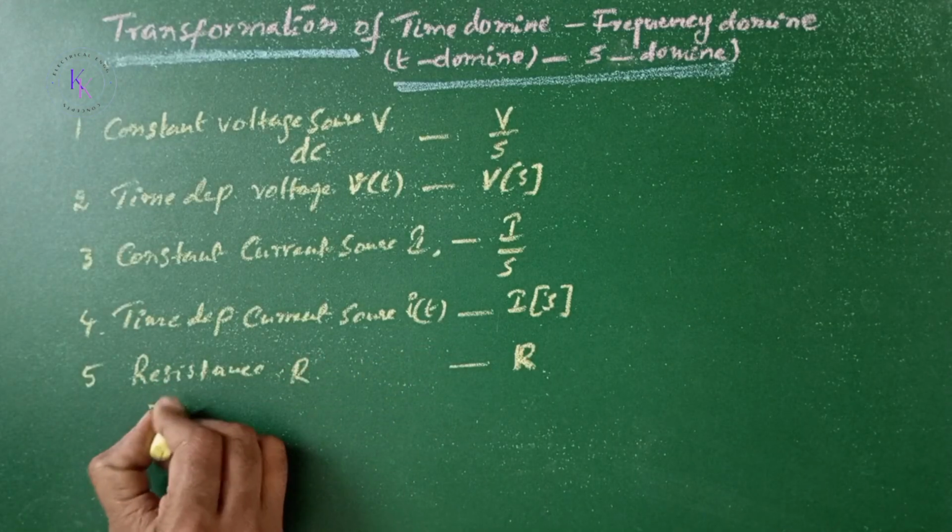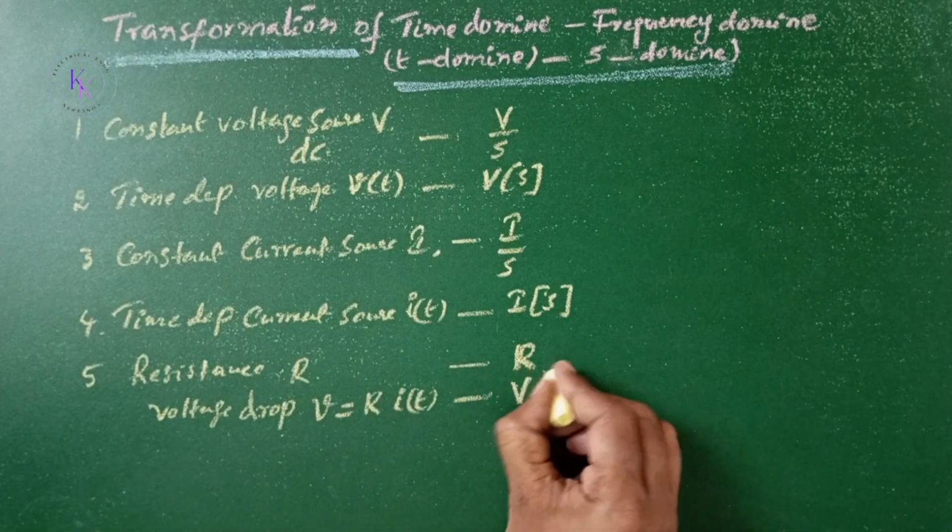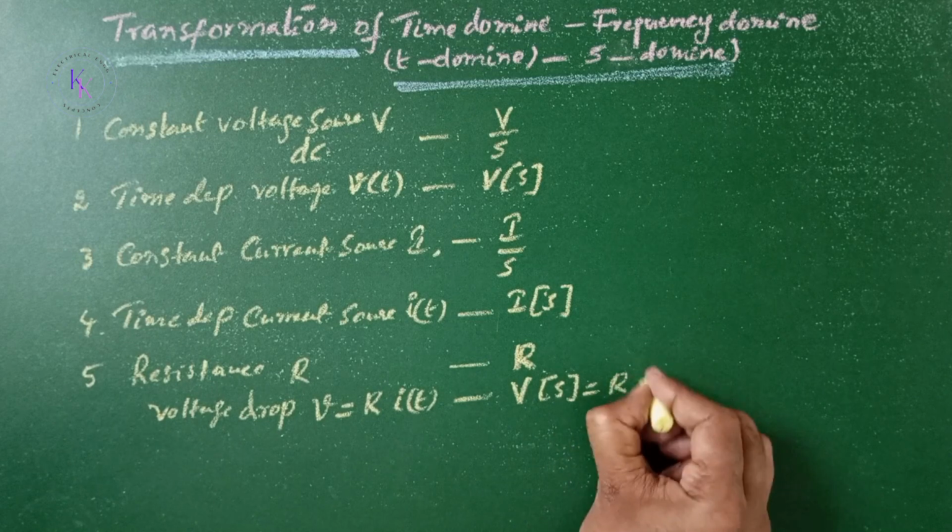Now, voltage drop v equals R i of t, in s-domain V of s equals R I of s.